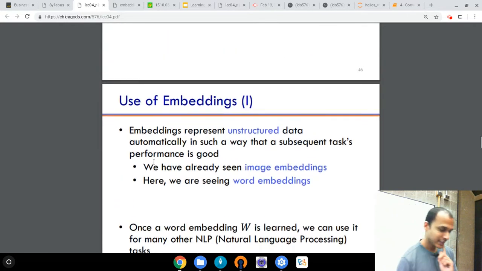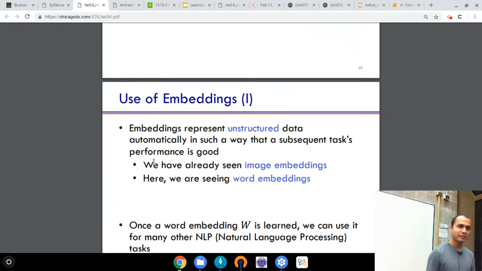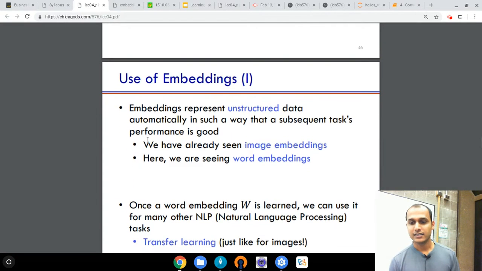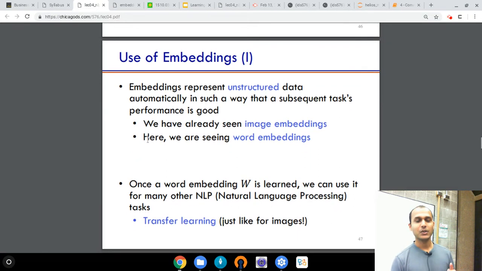The next few slides are talking about uses of embeddings, but let's get to uses of embeddings. Actually, one of the uses we already saw. We can use it in the CNN sentence classification. Remember, there was an input matrix. In that matrix, for each word you can actually use this embedding vector.